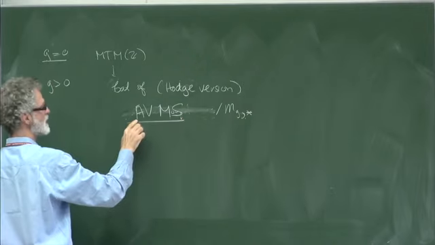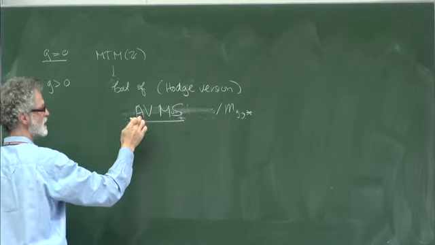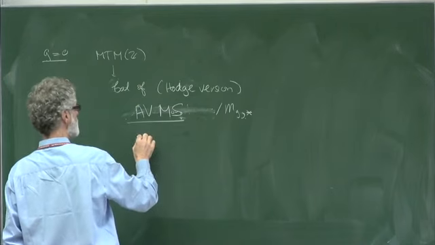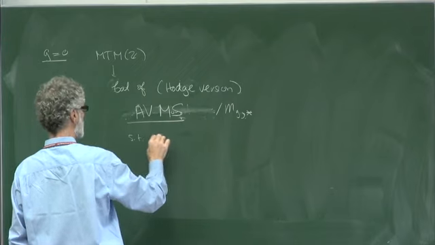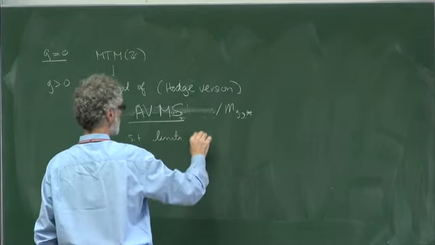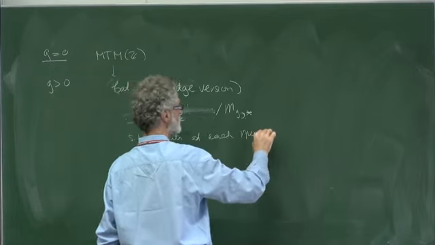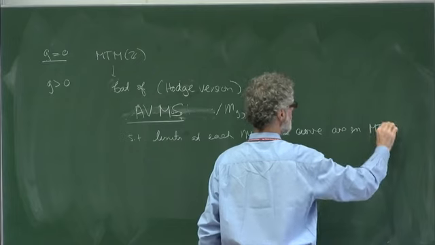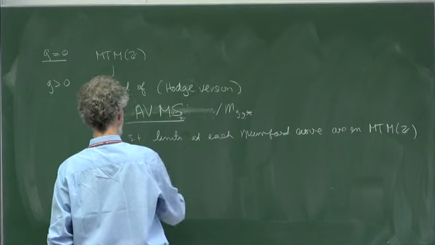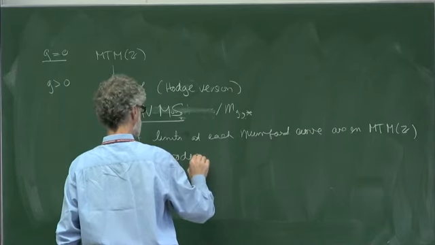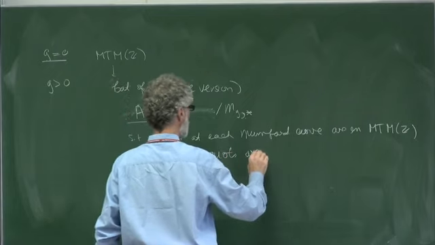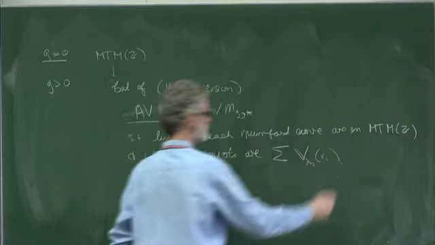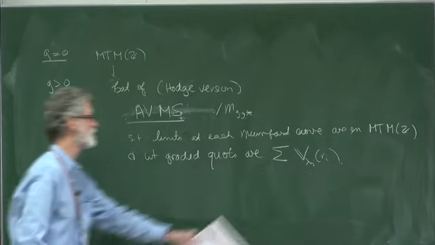So admissible variations of mixed Hodge structure are variations of mixed Hodge structure that have very strong good limit properties, which hold here, such that the limit at each Mumford curve is in M T M Z, and whose weight-graded quotients are sums of things like V, lambda i, R i. So they're successive extensions of these guys.